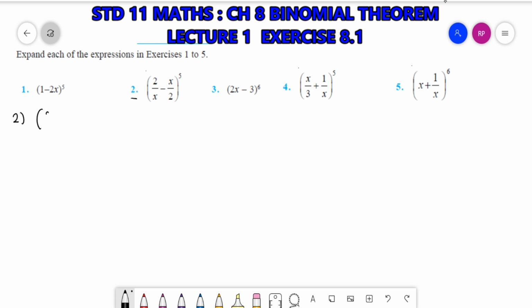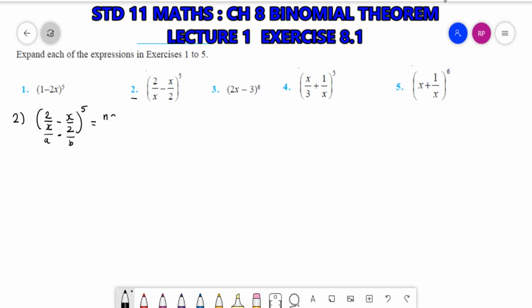It's 2 by x minus x by 2 whole raised to 5. Here a is equal to 2 by x and b is equal to x by 2, raised to 5. So what was our formula first? And now see, it is a negative sign in between, so alternately we will put a minus sign.